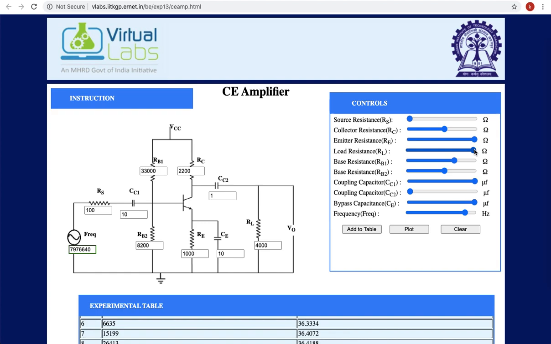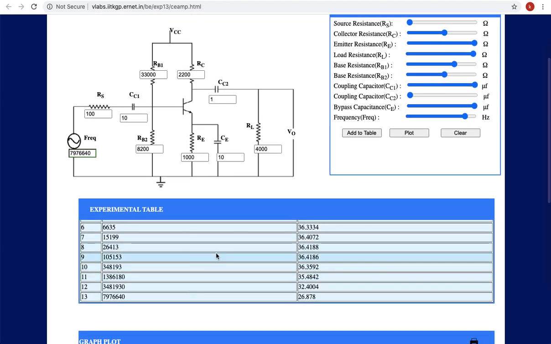Okay, and the other two things we have to calculate here are the input and output resistance. To calculate the input resistance, we must vary this resistance such that the output voltage becomes half of the maximum value we have obtained here. This table or experiment does not support that properly. Why?